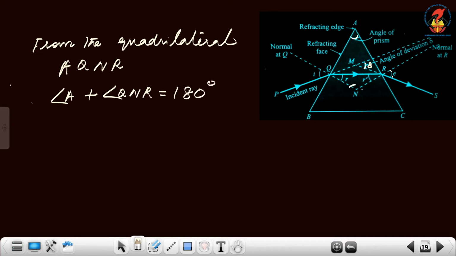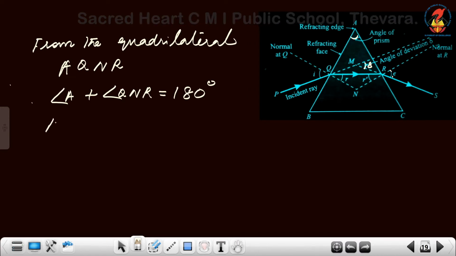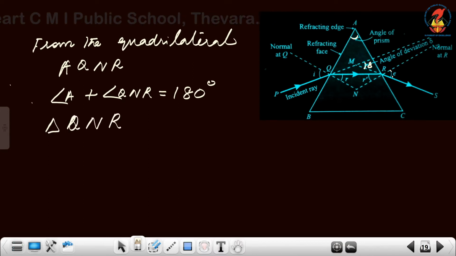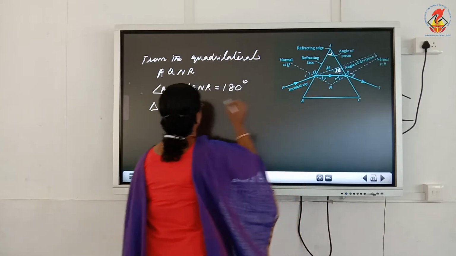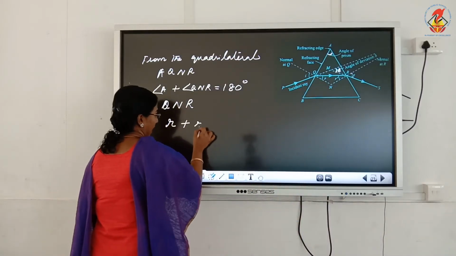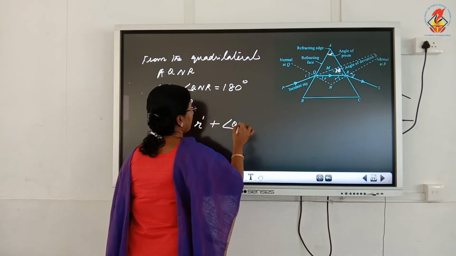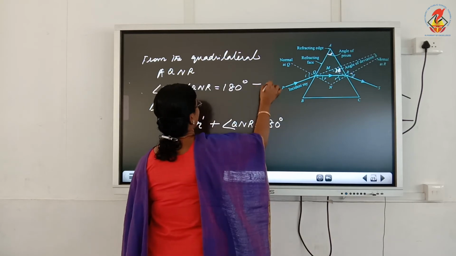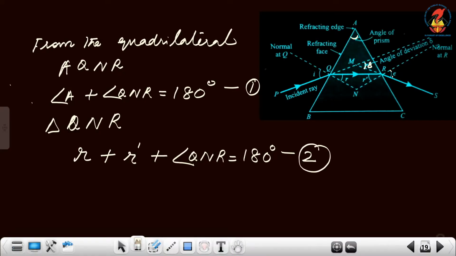Angle A plus angle QNR, opposite angles, equal to 180 degrees. And also from the triangle QNR, the total angle is equal to 180 degrees. So we can write R plus R dash plus angle QNR is equal to 180 degrees. This is equation 1, this is equation 2.